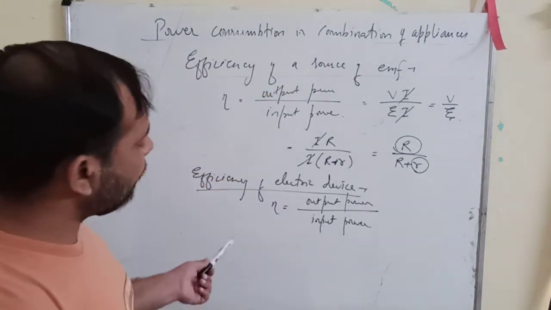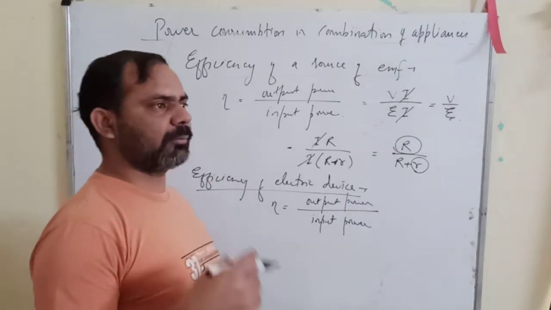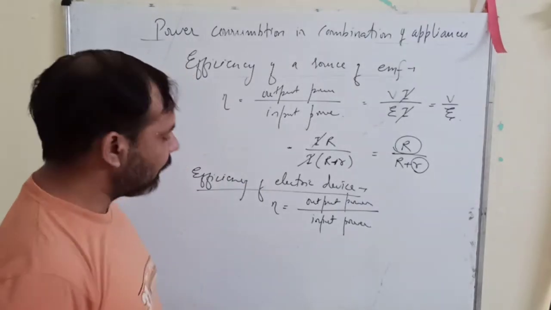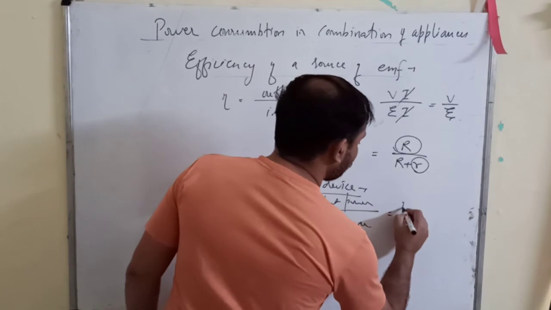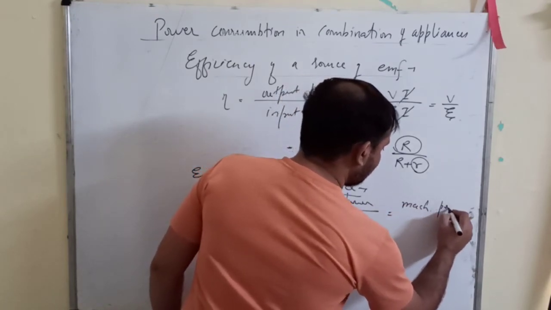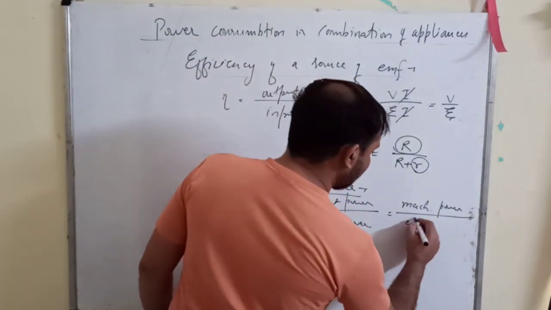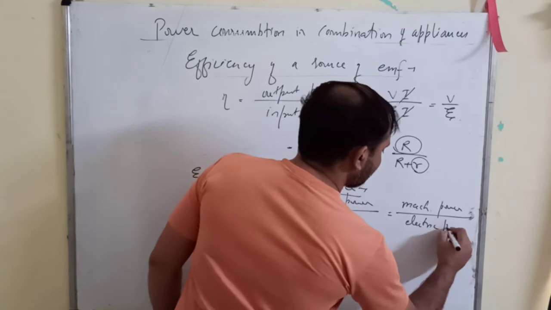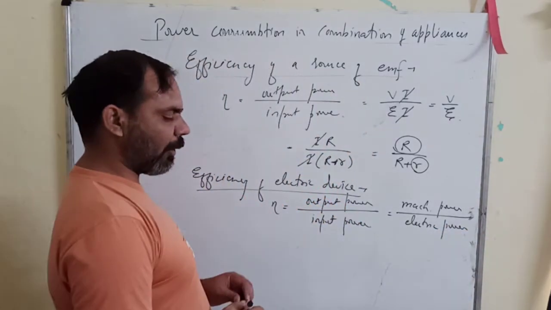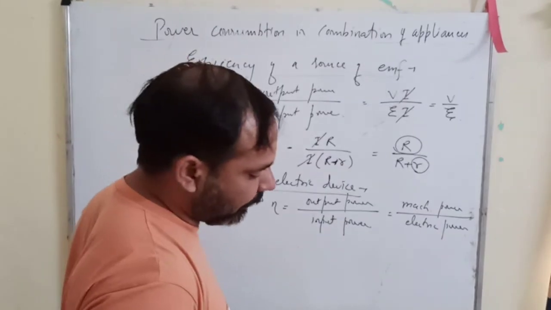Now for an electrical device, for example an electric motor, the output power will be in the form of mechanical power. It will do some work for you, and input you will give in the form of electrical power. Output will be mechanical power and input will be electrical power.